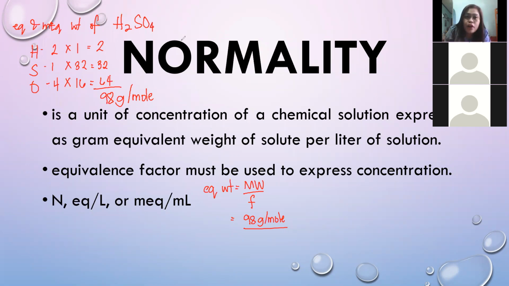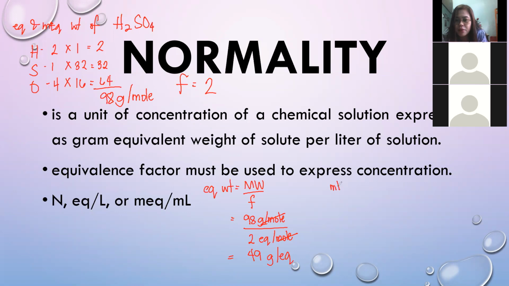It's 2. Therefore, the F here is also 2. So this is 2 equivalent per mole. Makancel ang mole. So 98 divided by 2 is 49. Okay? 49 grams per equivalent. So you are correct with the 49 grams per equivalent.